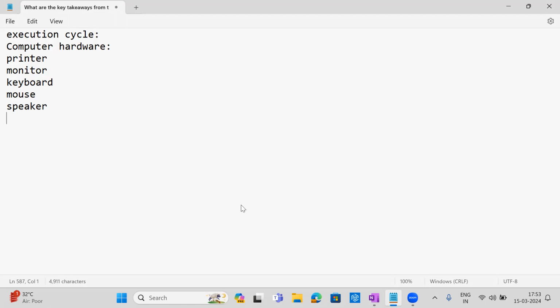The main computer box is the main component of the computer. It has computer hardware parts inside that perform the following functions. So the computer hardware parts inside the computer, what do they perform?